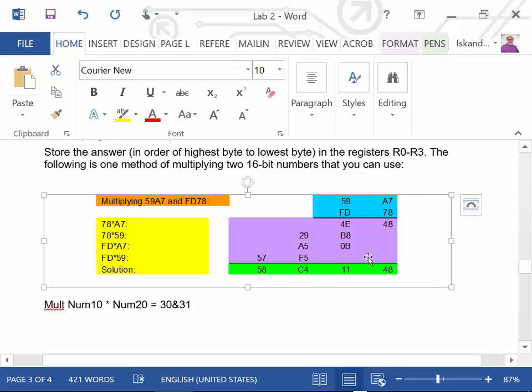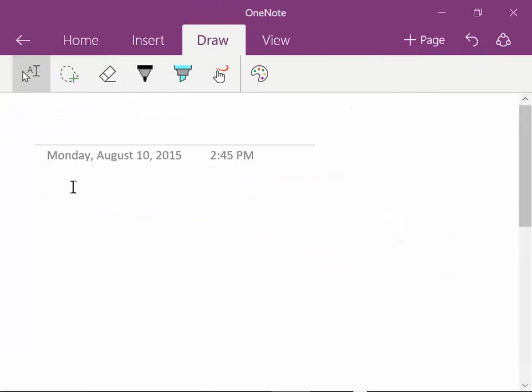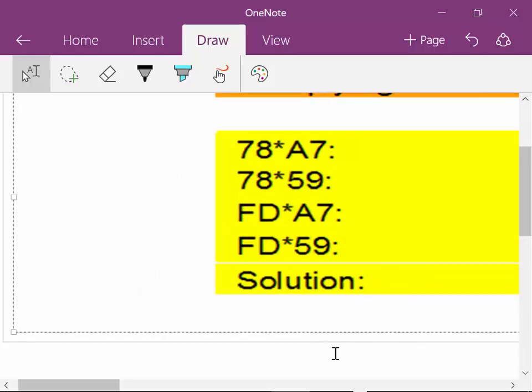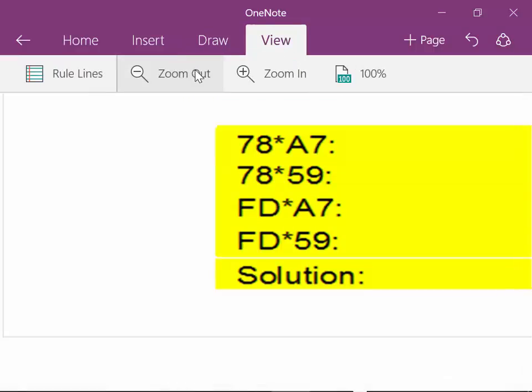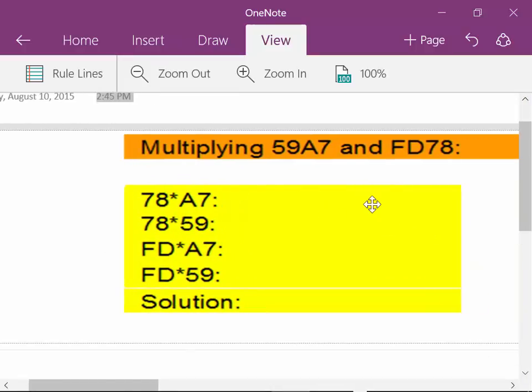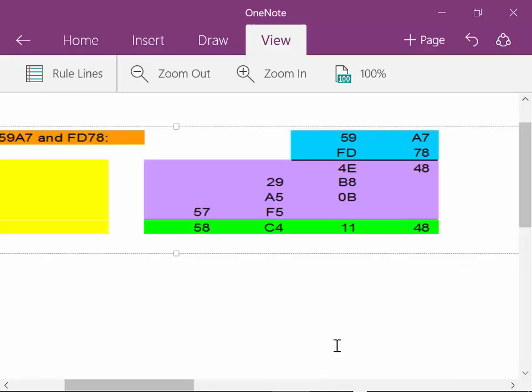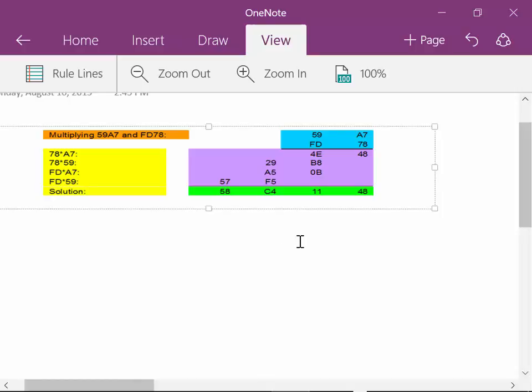Let me just copy this right here. All right, now I can write on this here.